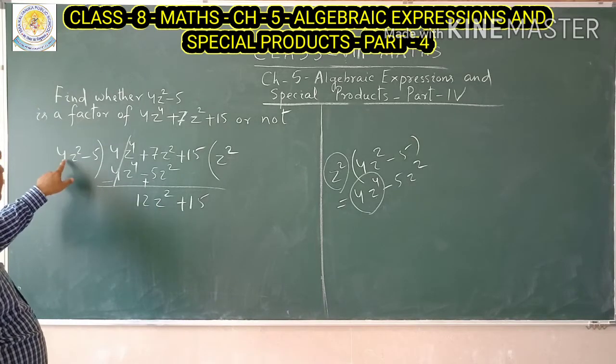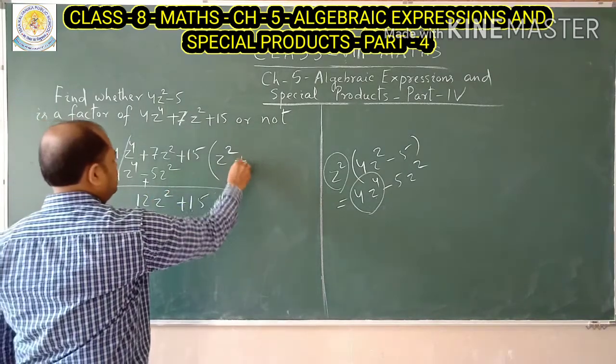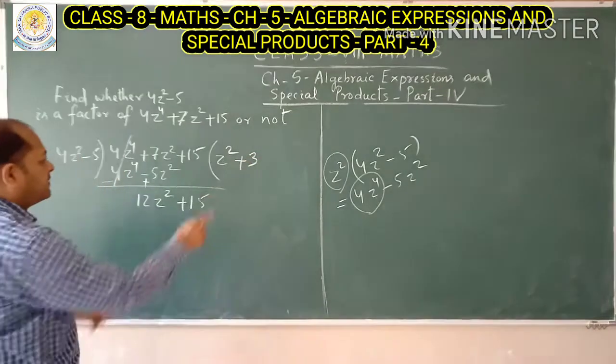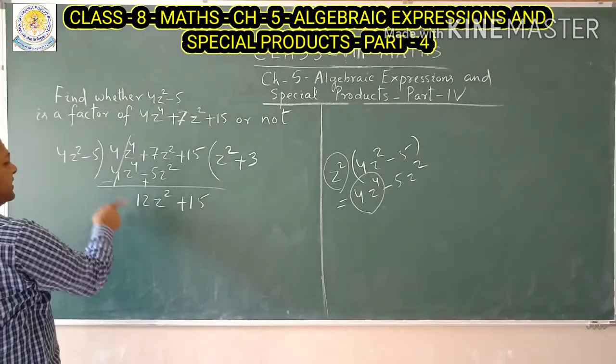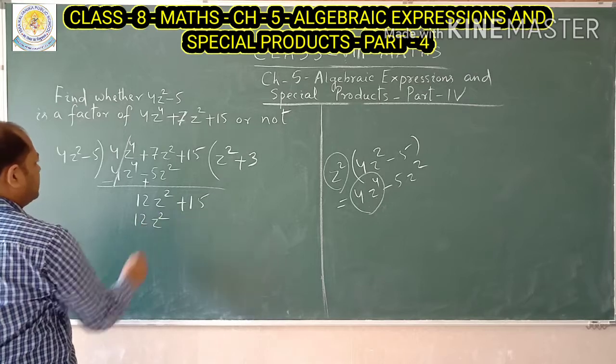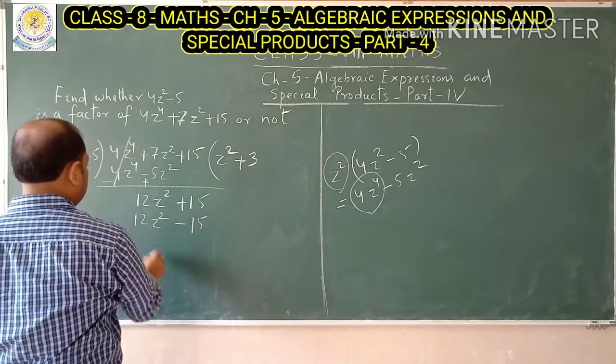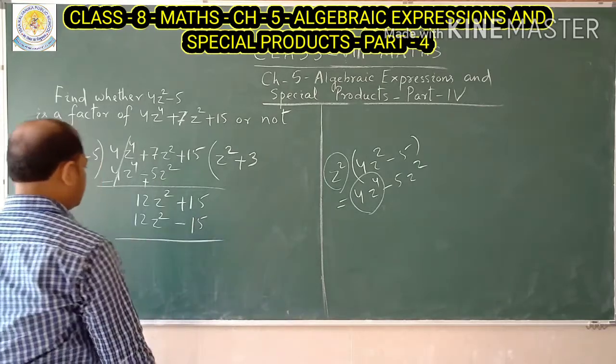If you multiply 3 with 4z square, we are getting 12z square. So if you multiply plus 3 with this term, we are getting 12z square here. So 3 into 4, that is 12z square, and 3 with minus 5, that is minus 15. So what you are getting here?